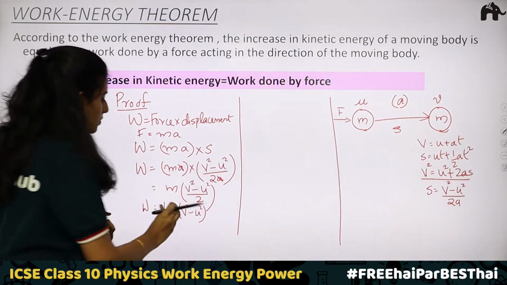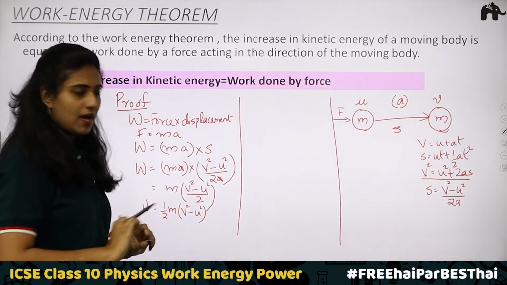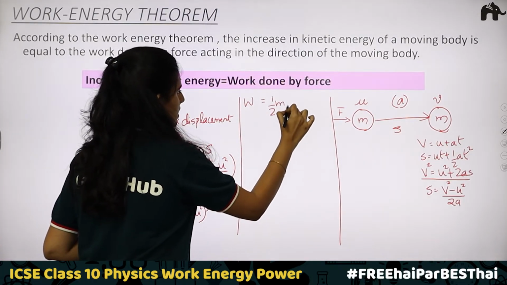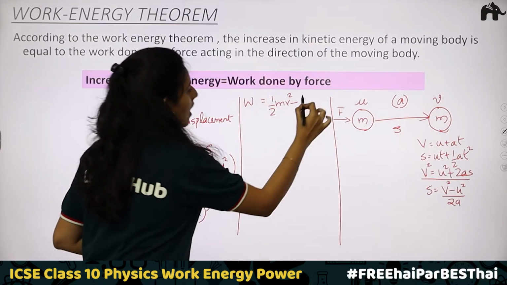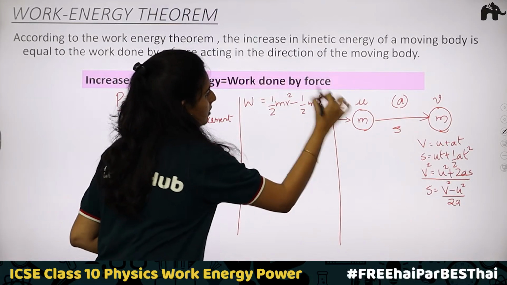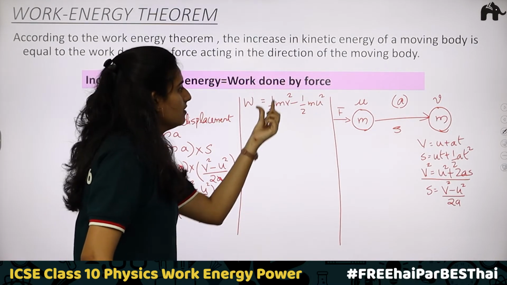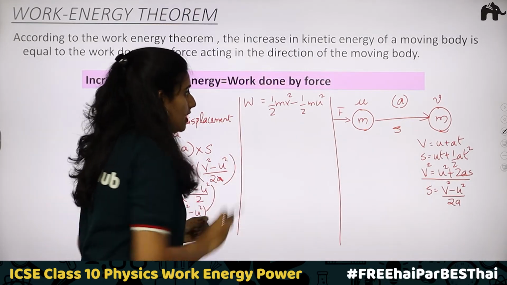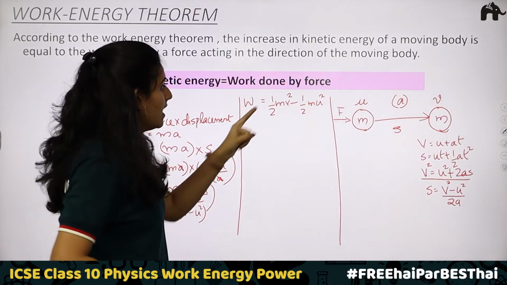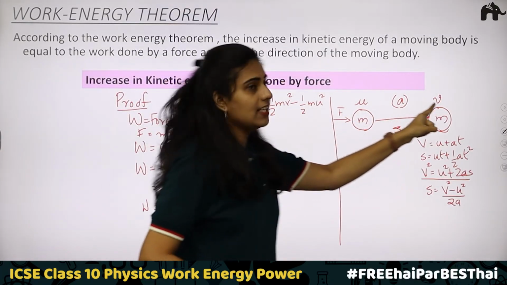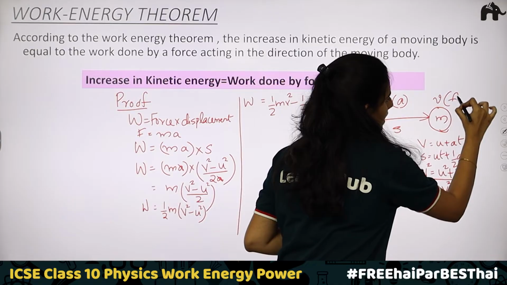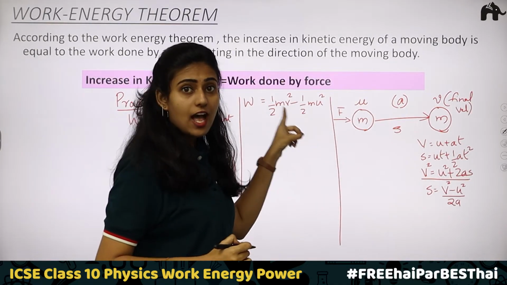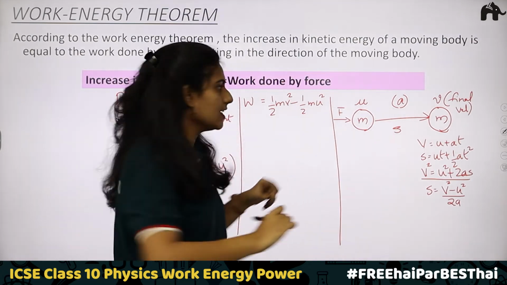Now, you are going to remove the brackets and multiply. Then work will be equal to half mv square minus half mu square. What are half mv square and half mu square? Half mv square is the equation to find kinetic energy. V is the final velocity, so half mv square is the final kinetic energy.